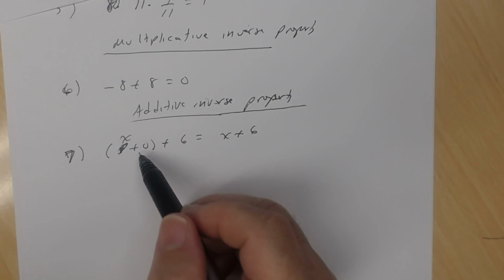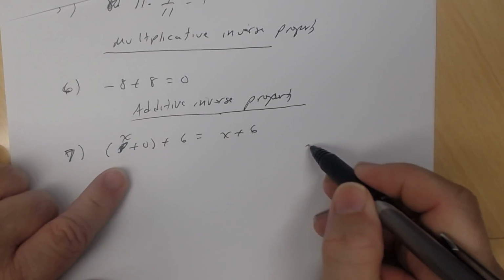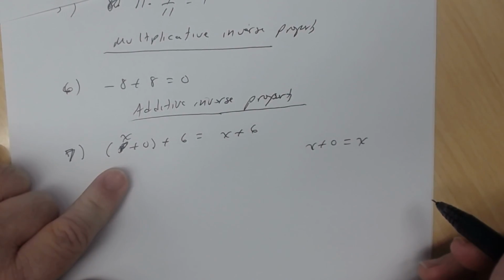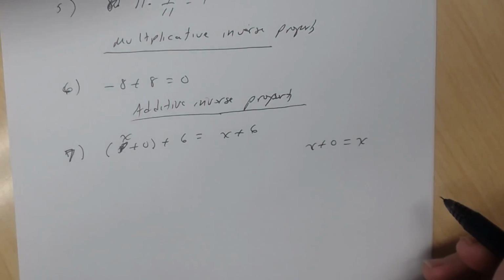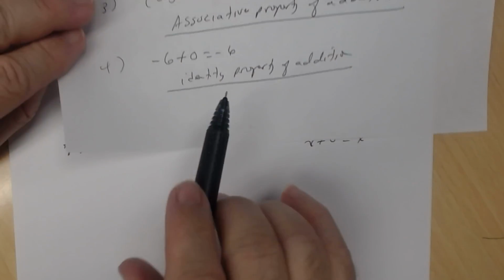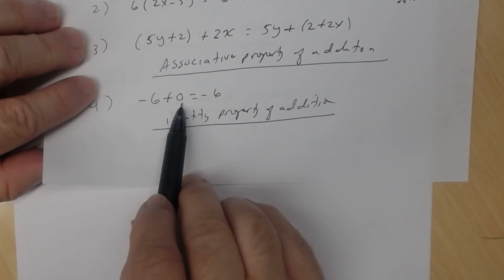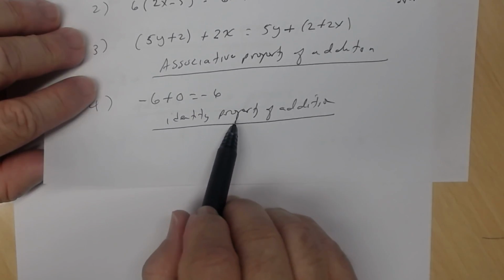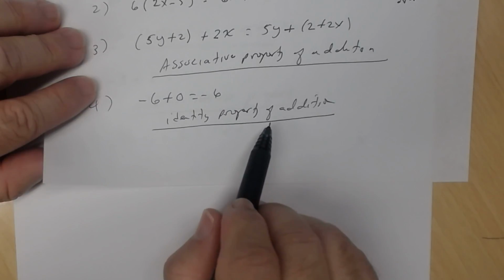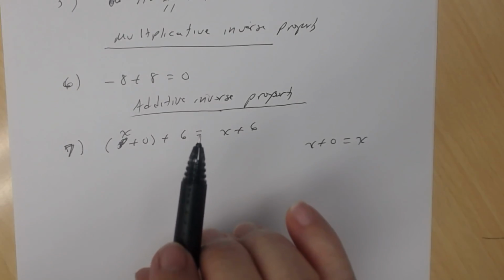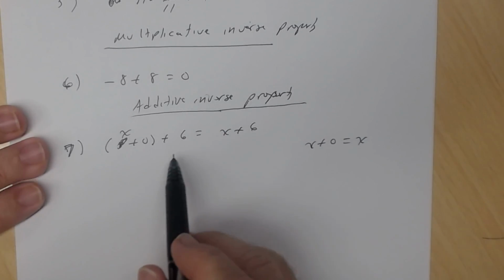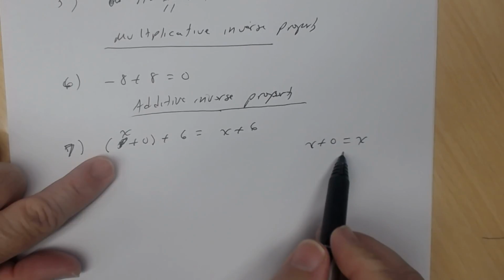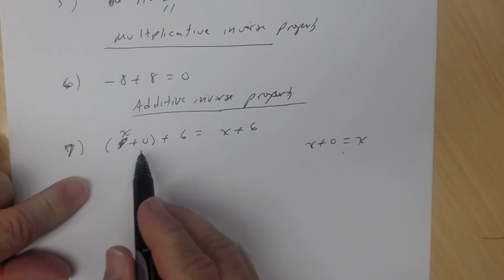Now remember, what I'm saying here is that x plus 0 is equal to x. Back in number 4, when I had negative 6 plus 0 equal negative 6, what was that property called? It was called the identity property of addition. Here, I'm using the fact that x plus 0 is equal to itself, and everything else stays the same.